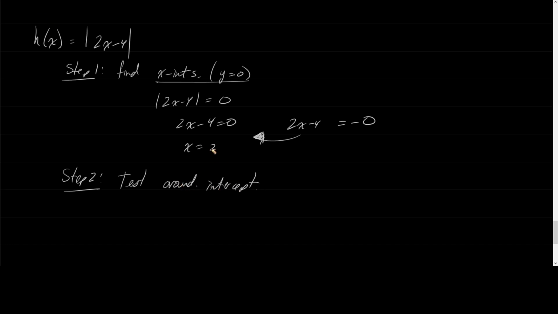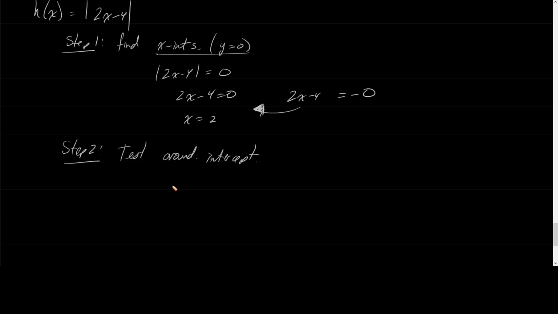We want to see where the function values are negative, so that we can manipulate it. Let's say that on the number line we've got 2. We can test something to the right of it, like 3, and something to the left of it, like 0. In general, whenever you're testing values, 0, 1, and negative 1 are the easiest in that order.